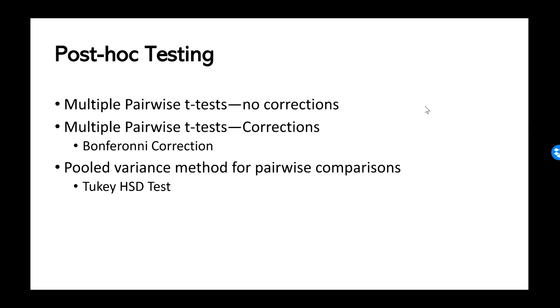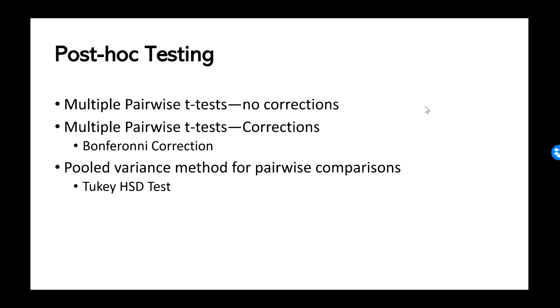So that's where pairwise testing comes in. And there's really three general choices that we have when we do this. Number one, we could do multiple pairwise t-tests with no corrections, but that's not a very good idea because, as we'll see in just a second, we are really increasing our type 1 error if we just do more hypothesis tests and keep our alpha level at 0.05 or 0.01 or something.